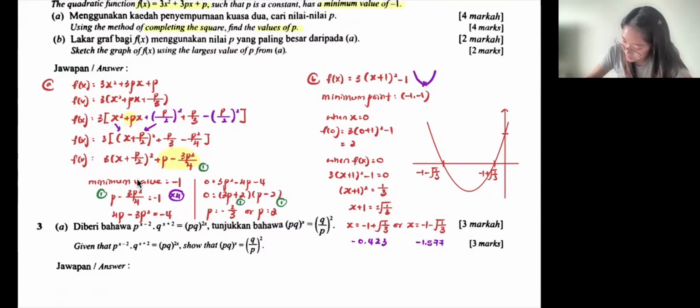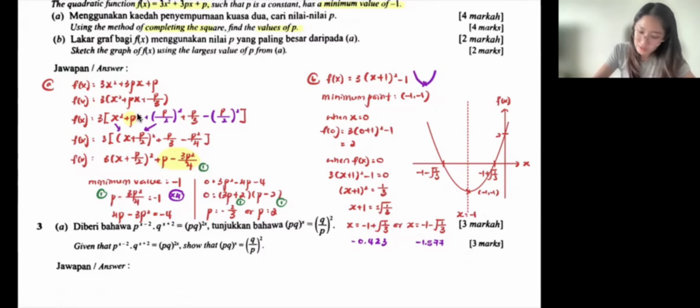Y-intercept is 2. You will label here f(x), and this is x. Then your minimum point here, -1, -1, and then you will have your axis of symmetry here. Label your axis of symmetry. This is x equals -1.